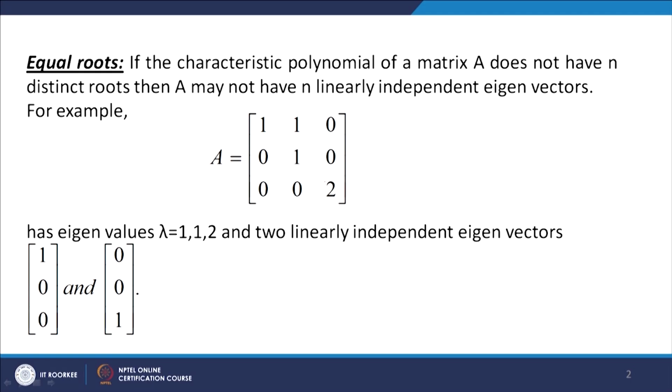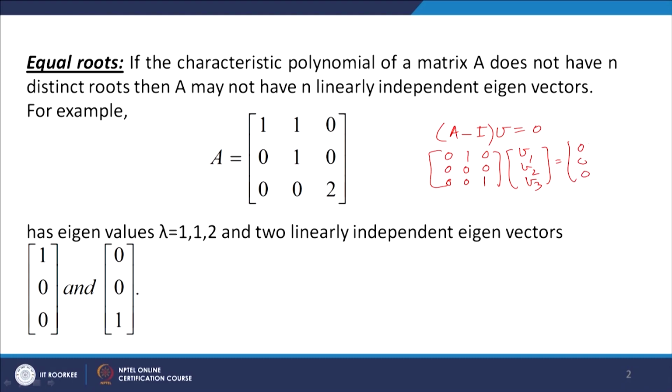Now, corresponding to eigenvalue lambda equal to 1, if you find the eigenvector, then what you get? (A minus I) b equal to 0. So, you subtract the identity matrix from A and what you get is [0 1 0; 0 0 0; 0 0 1], times b1, b2, b3, equal to 0 0 0.